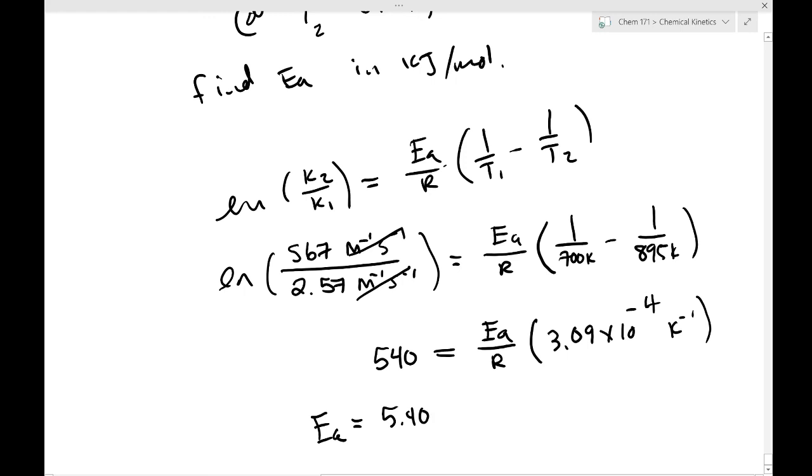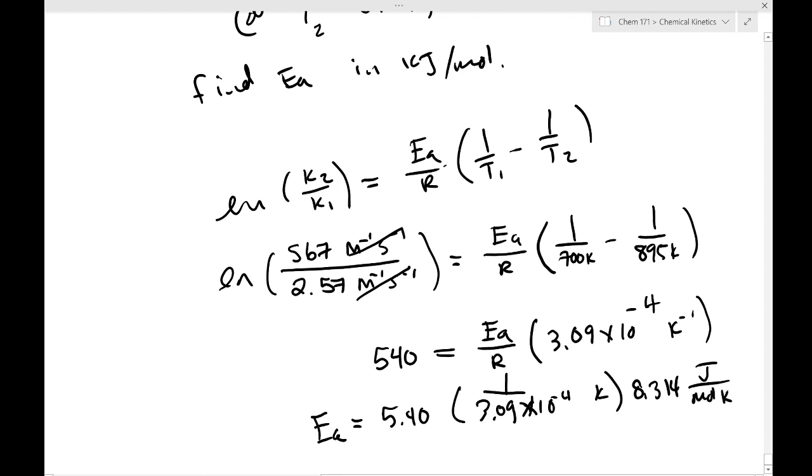Okay, now we solve for EA, and EA is equal to 5.40 times 1 over 3.09 times 10 to the minus 4 per Kelvin, times 8.314 joules per mole Kelvin.